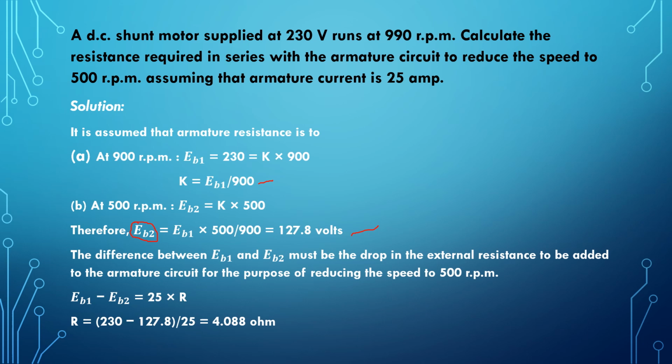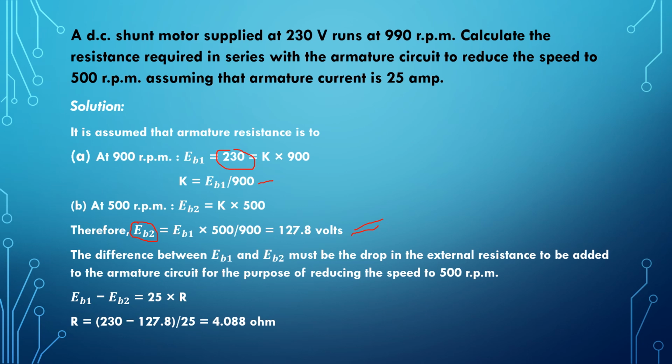So E sub B1 minus E sub B2 is equal to 25 times R. So you already have the values of E sub B1, which is 230 volts, and E sub B2, which is 127.8 volts.